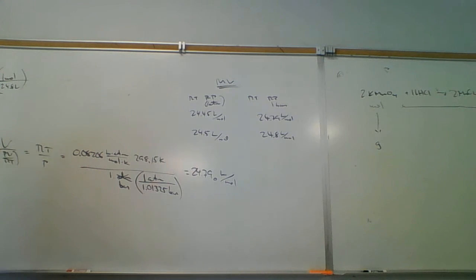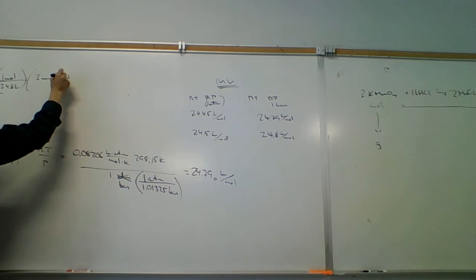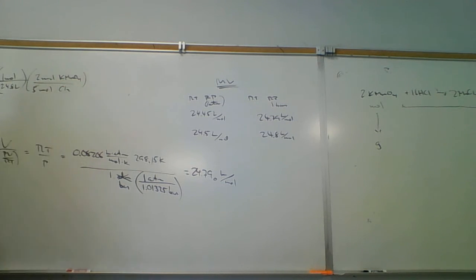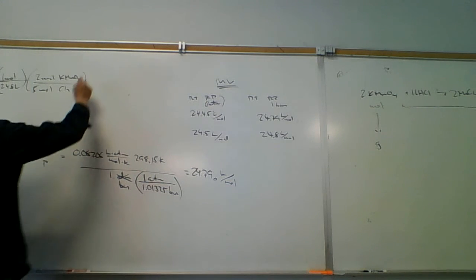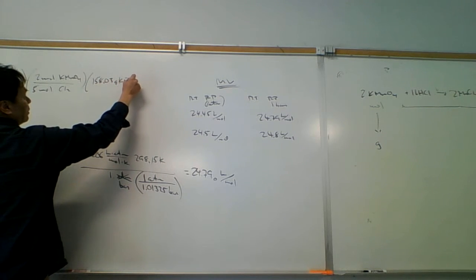And then the mole ratio is a 2 to 5 mole ratio. 2 moles of KMnO4 for every 5 moles of Cl2. And then the molar mass of KMnO4, I'm just going to look up because I want to save some time. KMnO4, potassium permanganate, 158.03 grams of KMnO4 per mole.